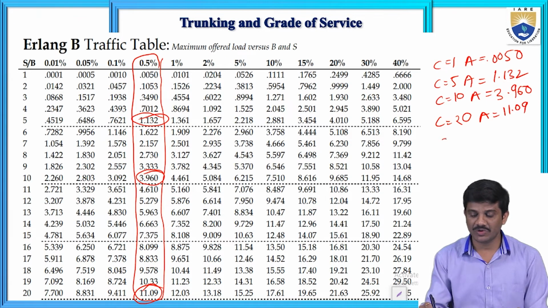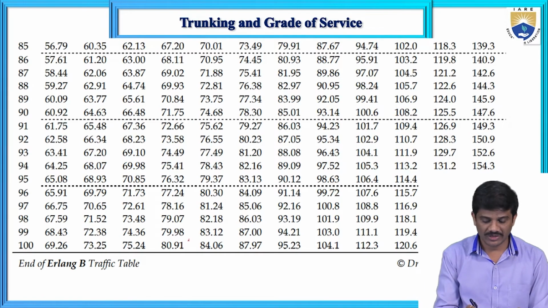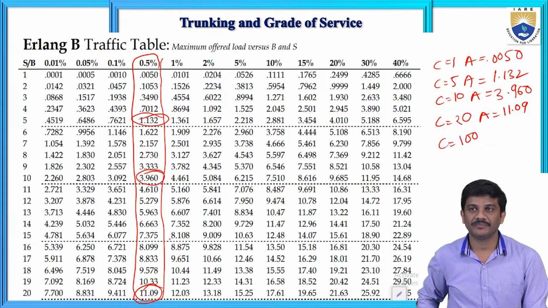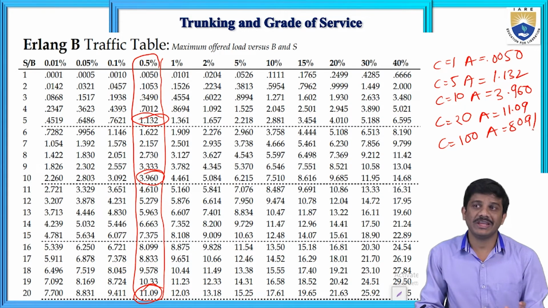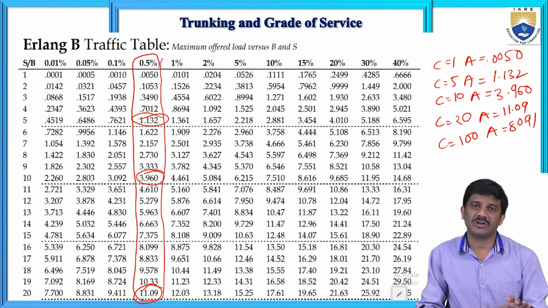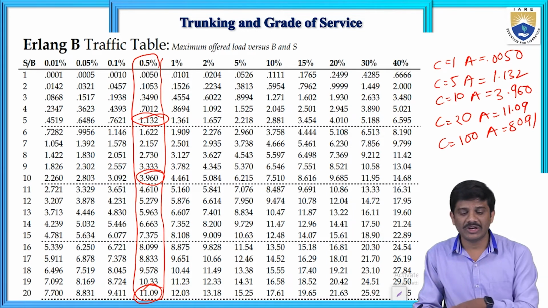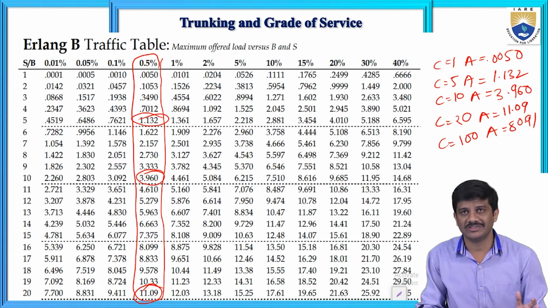Like that, C equal to 100, A equal to 80.91. Like this we can find out the A value from the Erlang B traffic table. This Erlang B traffic table can also be provided from the examination point of view. This is from one researcher giving the Erlang B table and also the Erlang C table.